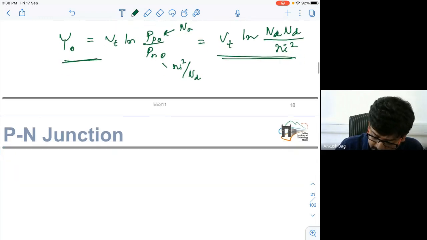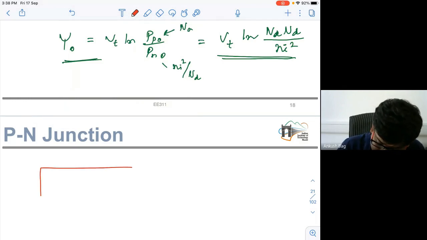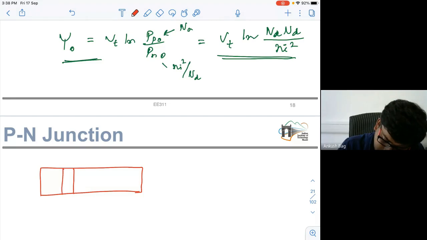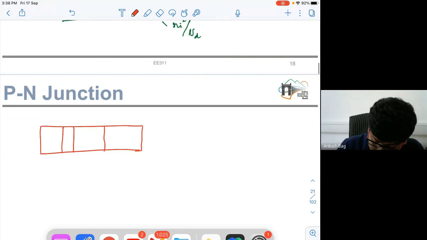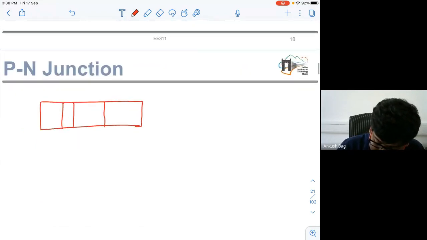So then from there, let me just draw and then summarize this. So how are we getting all these parameters?